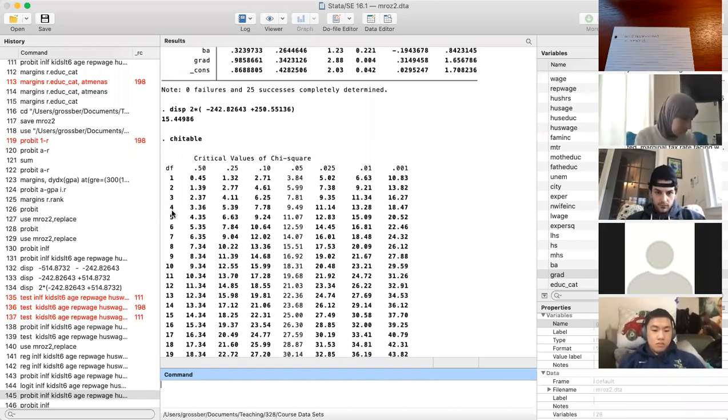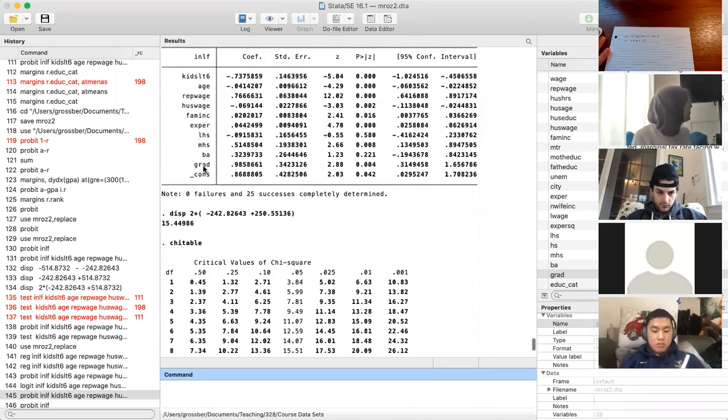And so I have 4 degrees of freedom. My critical value is 15.44, and that tells me that I can reject at the 1% level of significance. I can't quite reject at the 0.01 level of significance. Okay? And so I can conclude that taken as a group, these variables do belong in the model.